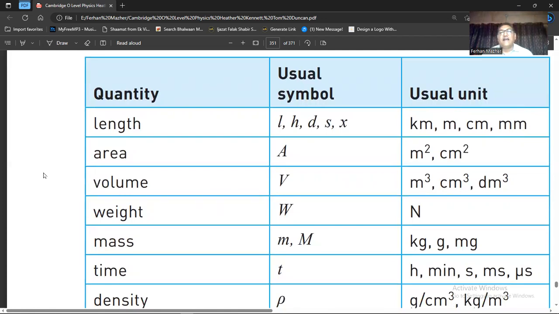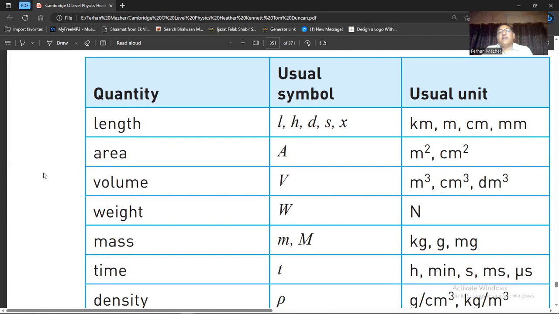Area is represented with the capital A. Its units normally in our syllabus are meter square and centimeter square. Volume is V, and its units are meter cube, centimeter cube, and sometimes decimeter cube.